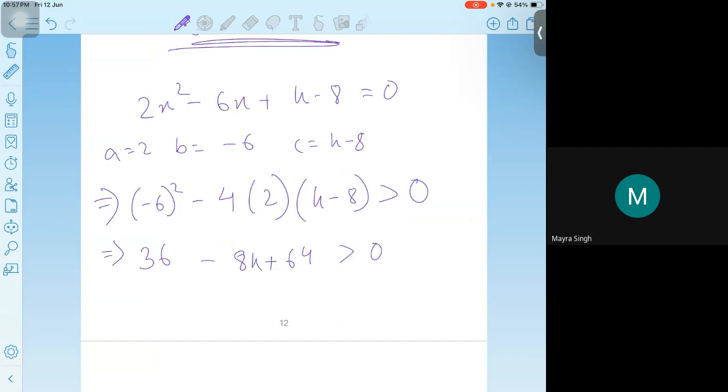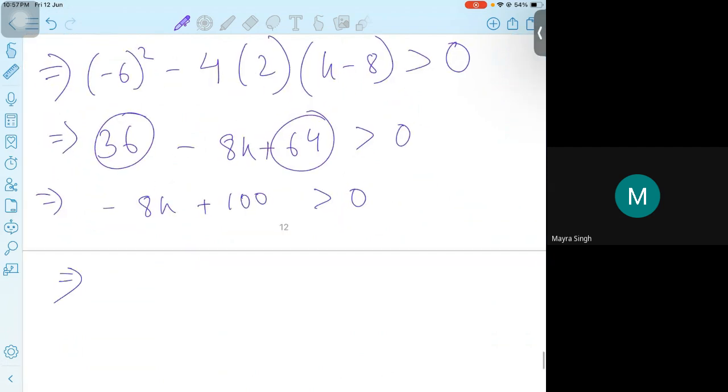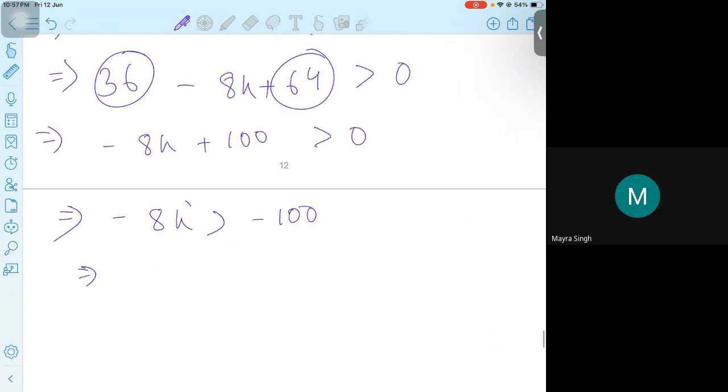Okay. So now you can add these two parts, and you're left with, I believe, 100, if I'm not wrong. So minus 8k plus 100 is greater than 0. And if you take 100 to the other side, you're left with minus 8k greater than minus 100. And then if you bring this k to this side, you're going to have to flip the symbol. So you're left with k is less than minus 100 over minus 8.